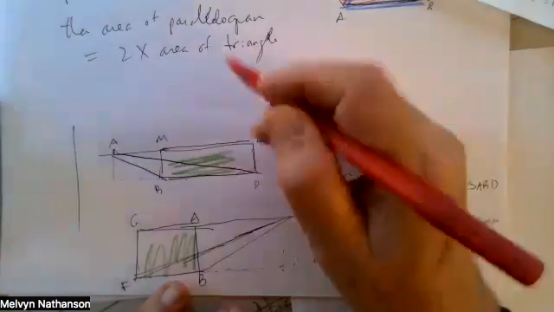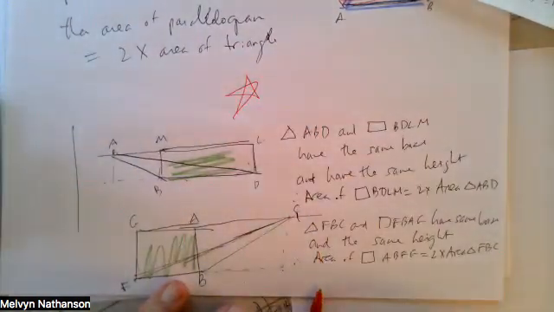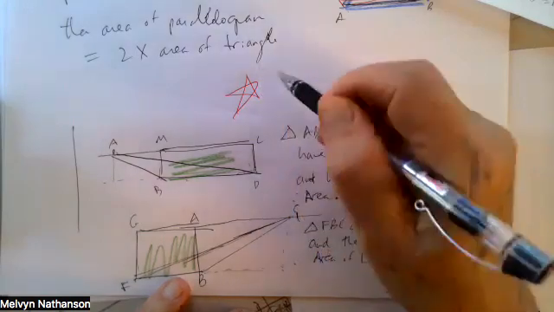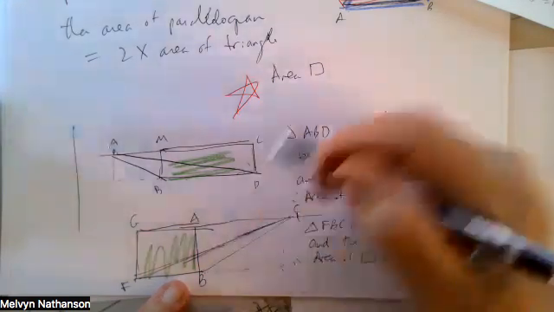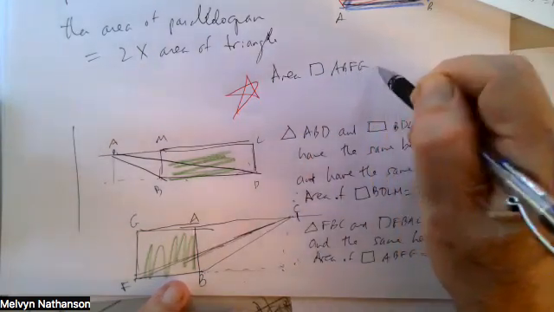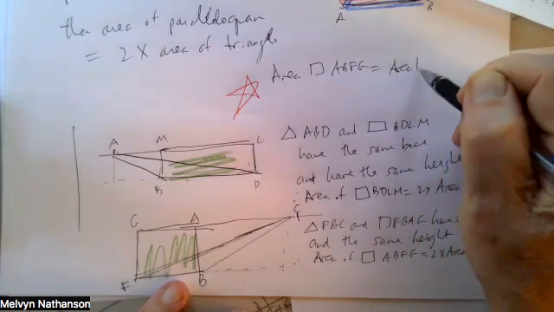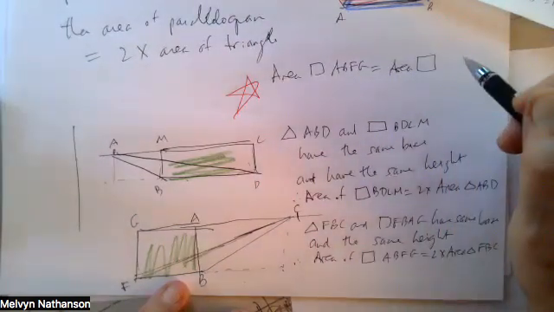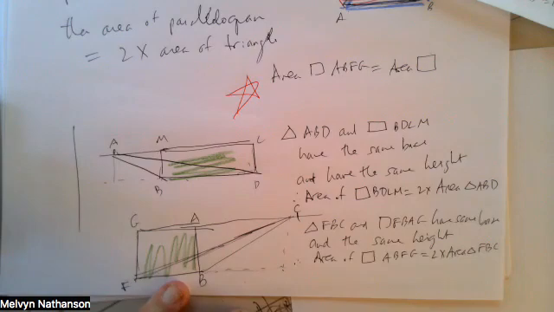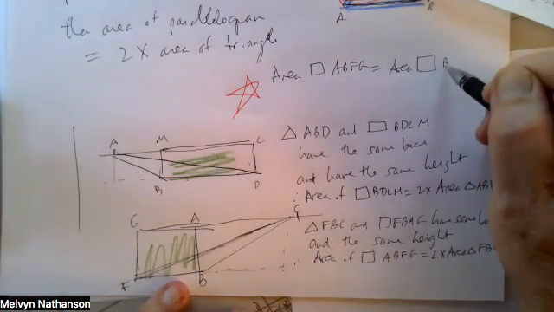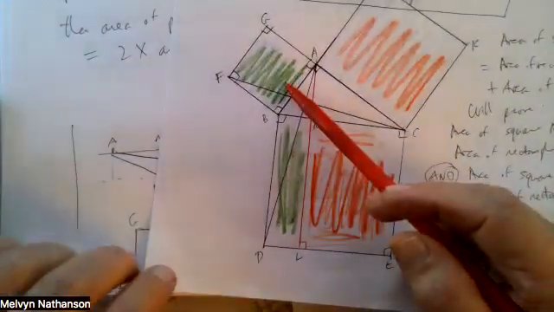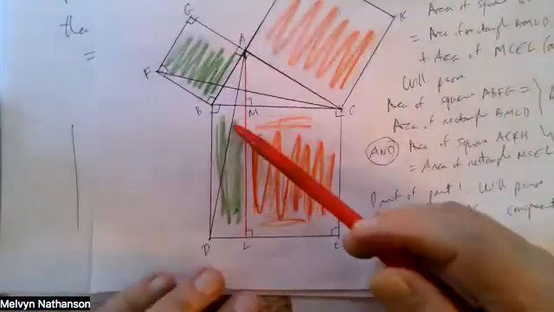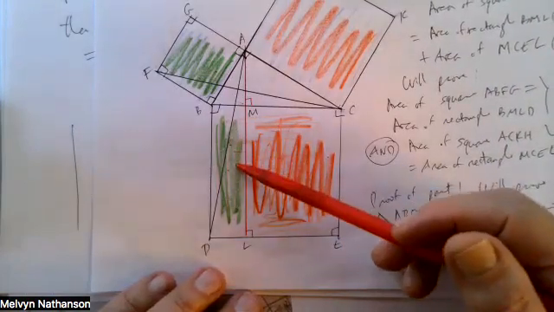So we get our big conclusion, which is what we wanted to prove. The area of the square ABFG equals the area of the rectangle BMLD. This little square on one leg of the right triangle has the same area as this rectangle.